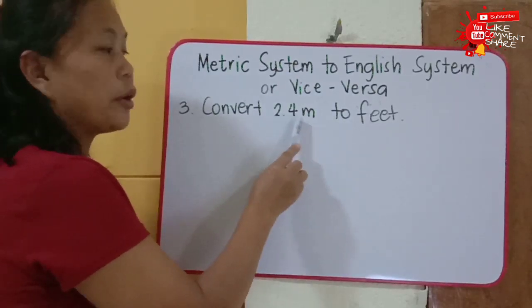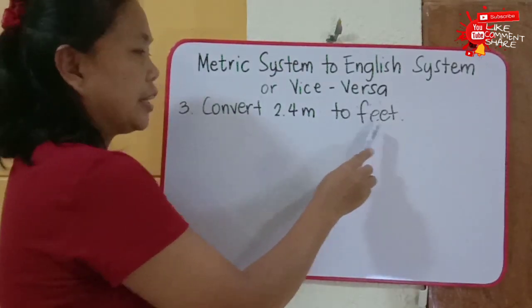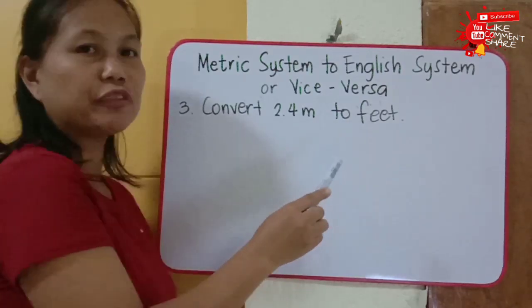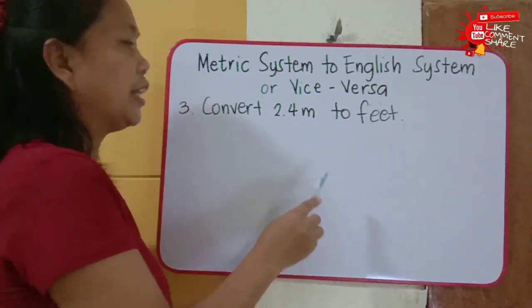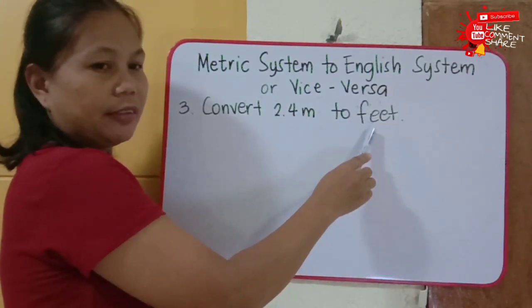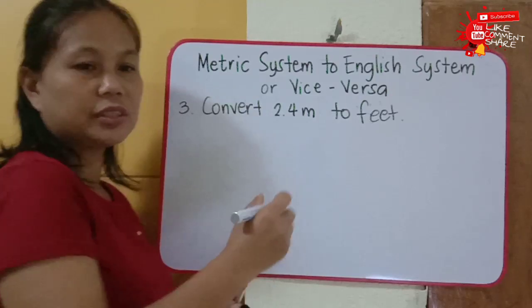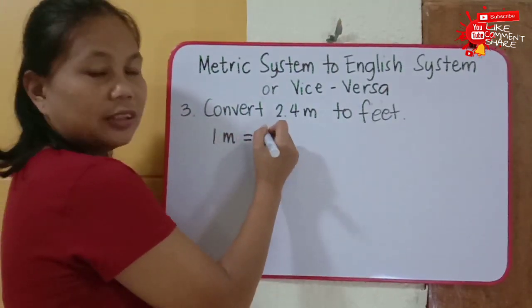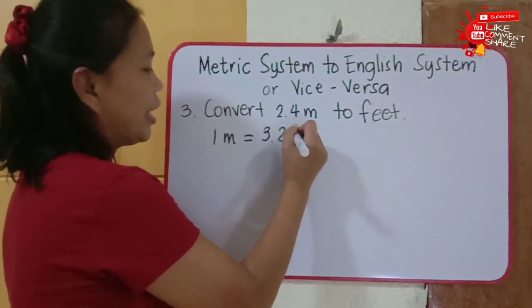Convert 2.4 meters to feet. So we are changing meter to feet. So we will look for the conversion factor from meter to feet. We will use 1 meter is equal to 3.28 feet.